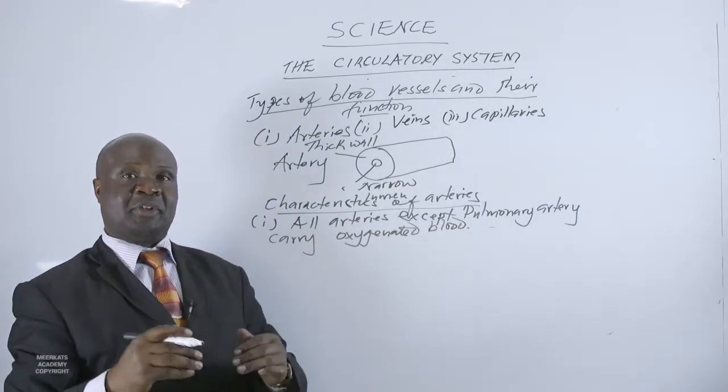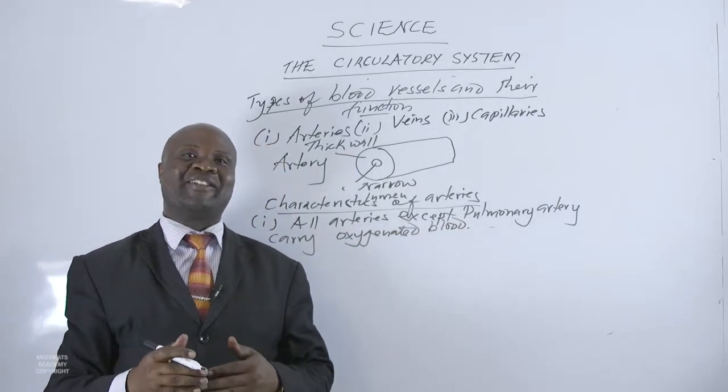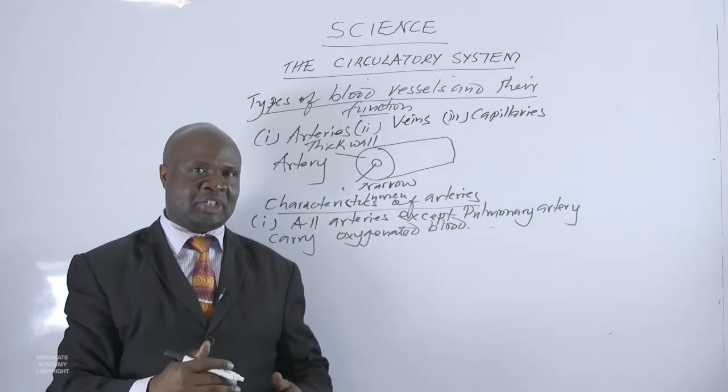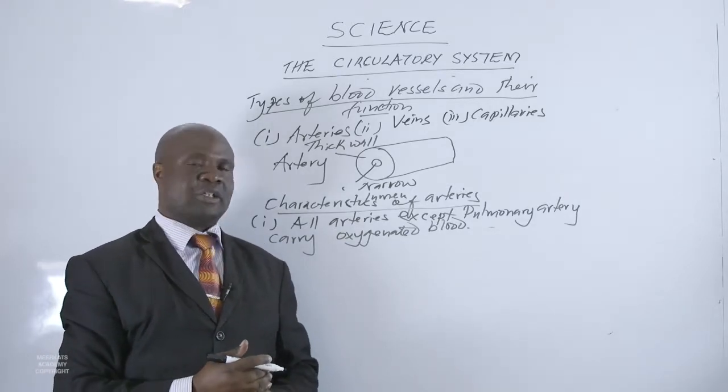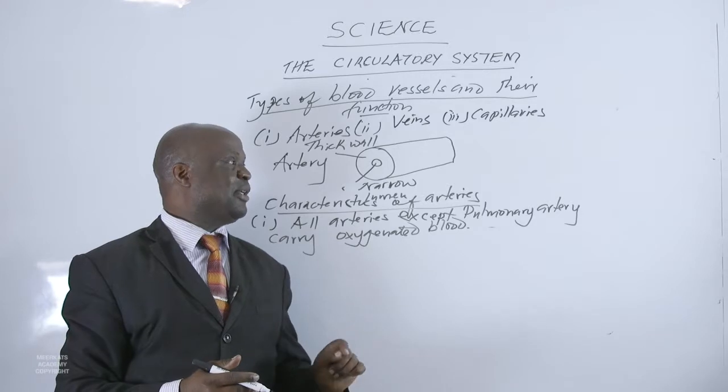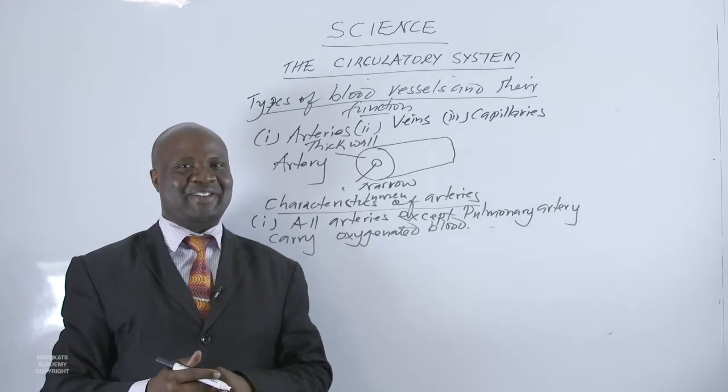So arteries within the body are known for carrying blood that is rich in oxygen. They carry oxygenated blood with an exception of only the pulmonary artery.